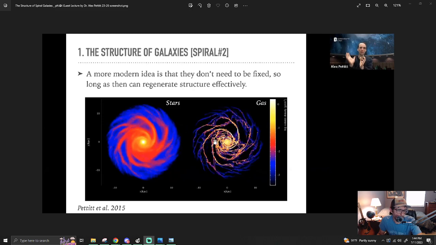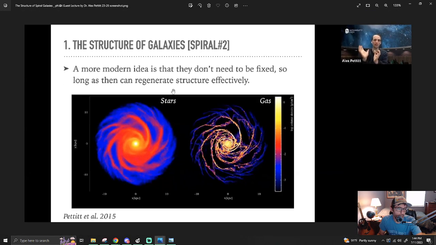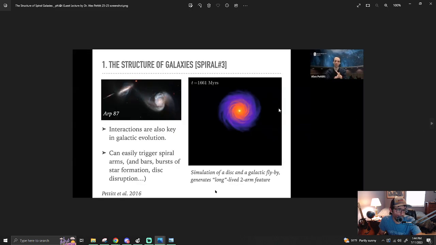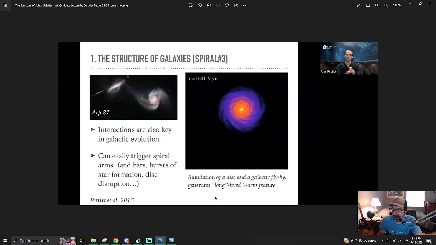So this is his work, where he modeled the stars and the gas. Kind of forming chambers. Essentially, the objective is to make it look as much like reality as possible. They've definitely done some really good simulations that are pretty persuasive.